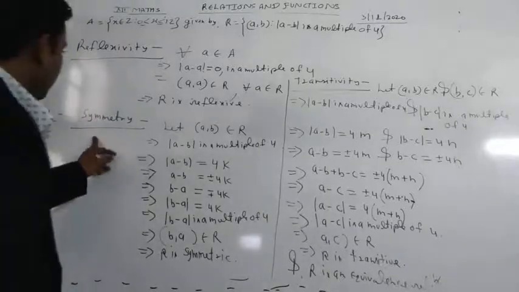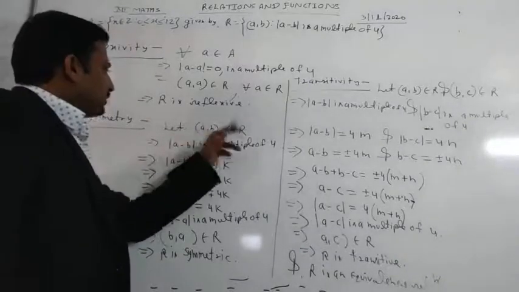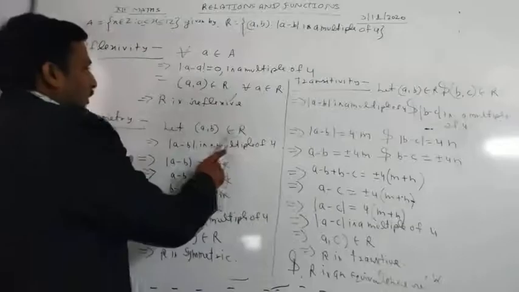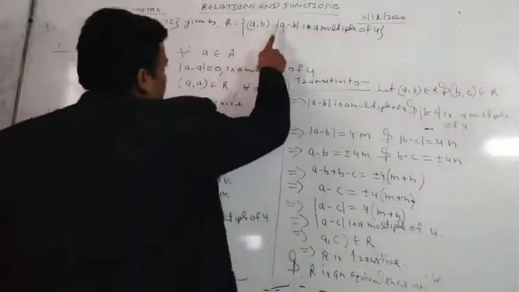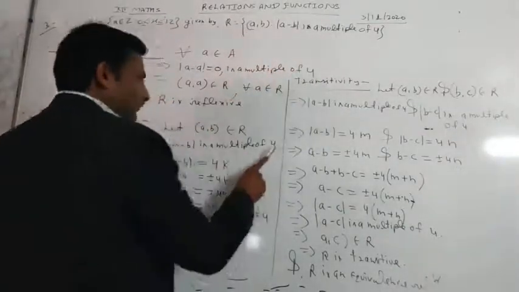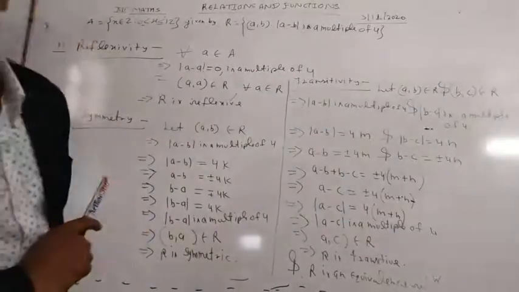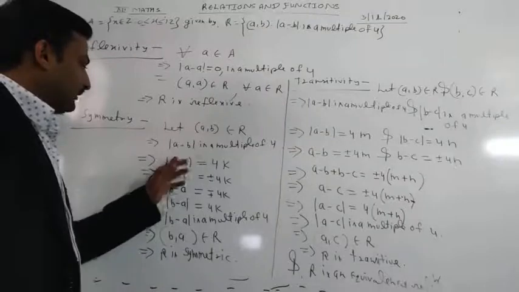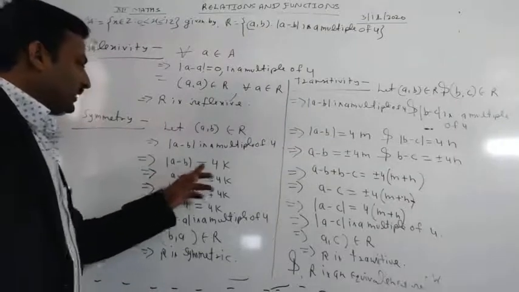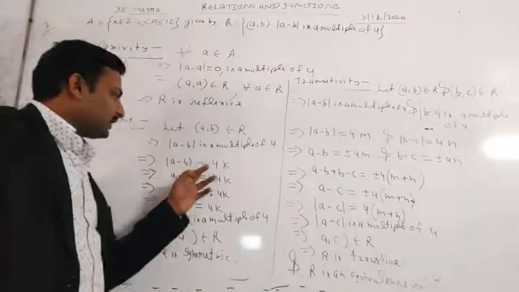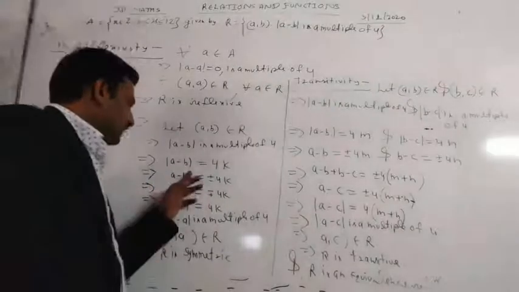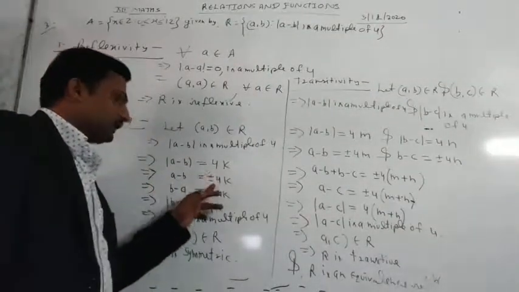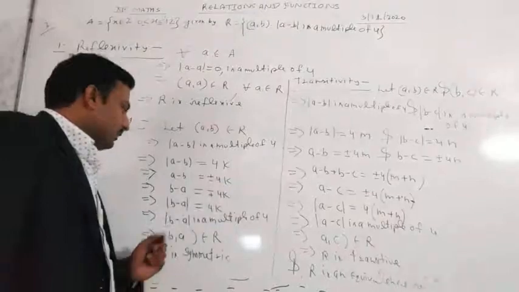For symmetric, let (A, B) belong to R. Then A minus B is a multiple of 4. On the basis of this we can write modulus of A minus B is equal to 4k. When we remove the modulus, both plus and minus sign will be there with 4k.